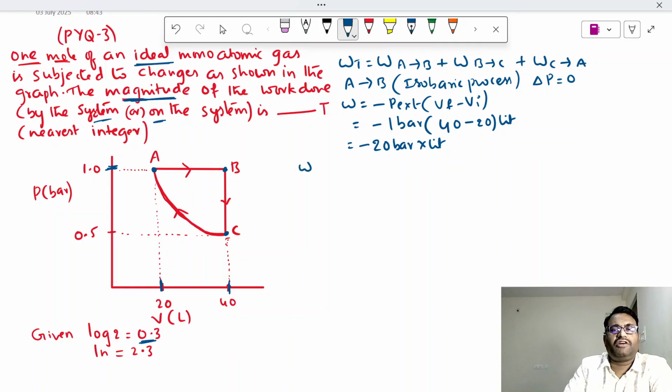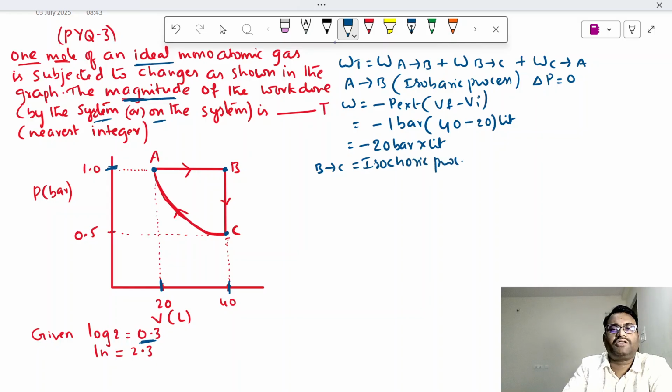Next, the work done in the process from B to C. If you see B to C, volume is constant. So what is the process from B to C? It is an isochoric process.